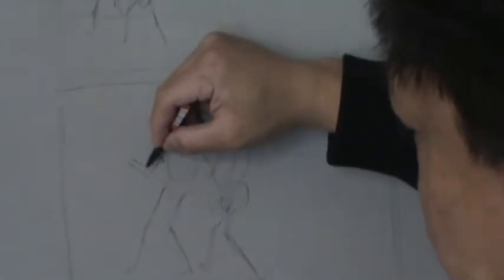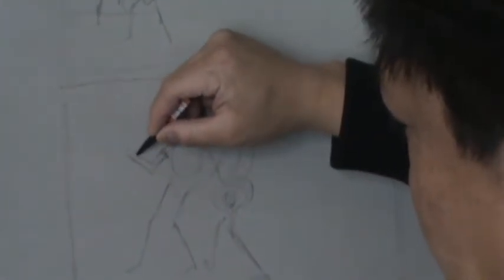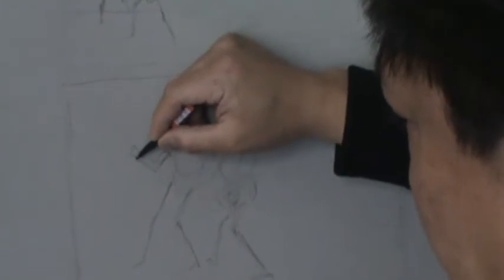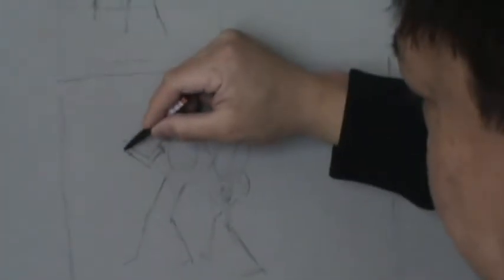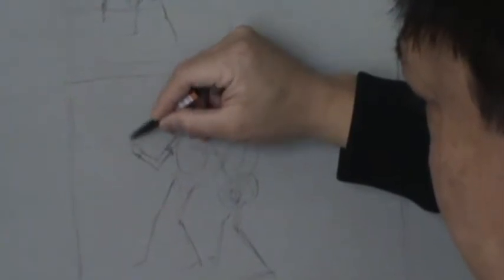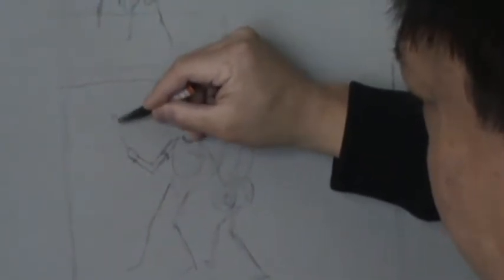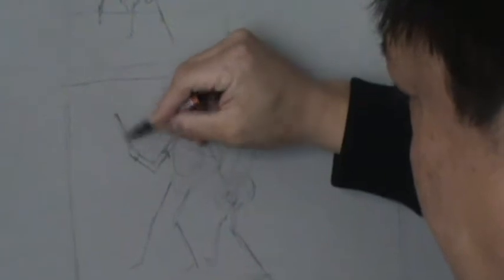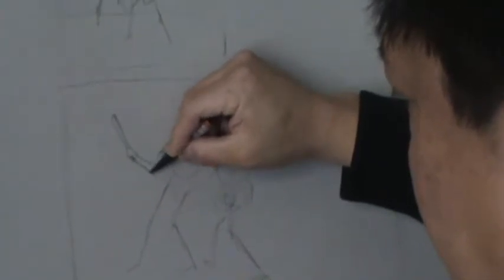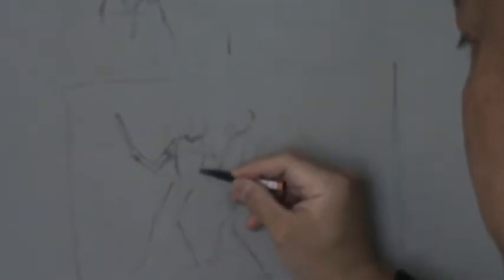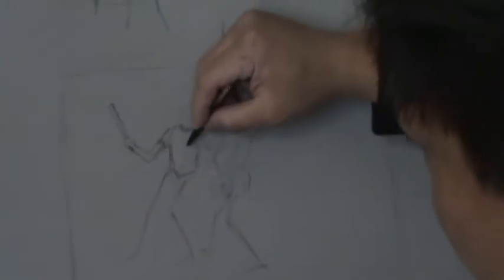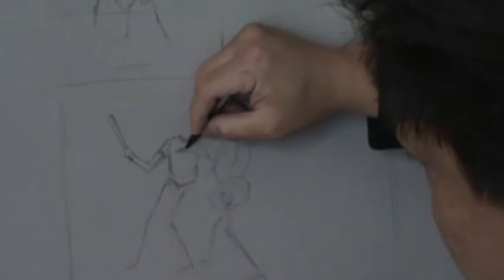Person has an arm out here. Let's have them waving a weapon of some sort. Let's do a good old generic pipe. We have a hand crossing over.